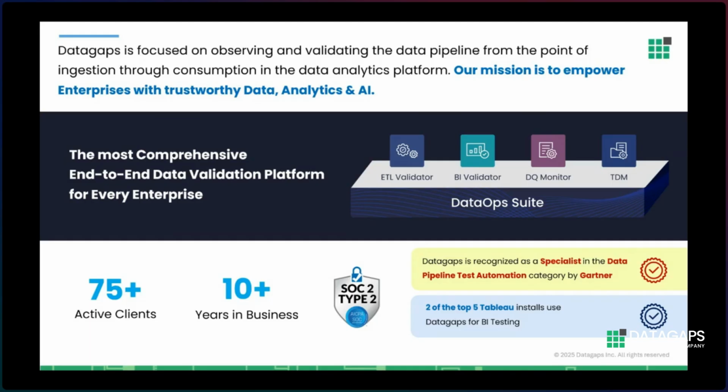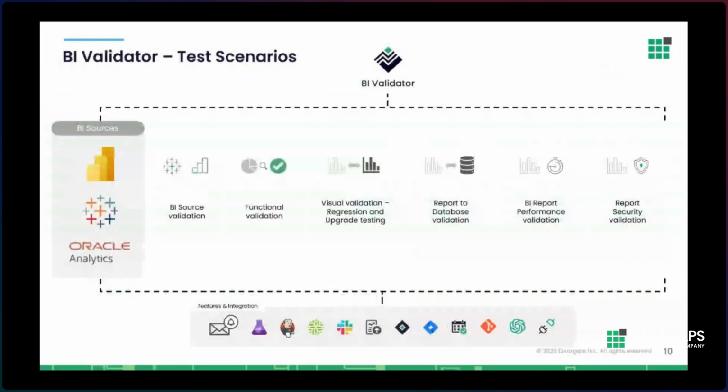Our credibility in BI testing is also proven. Two of the top 5 Tableau installations rely on Datagaps for BI testing. We are SOC 2 compliant and certified, have been in business for more than 10 years, and serve over 75 customers. So that's a little bit about us.